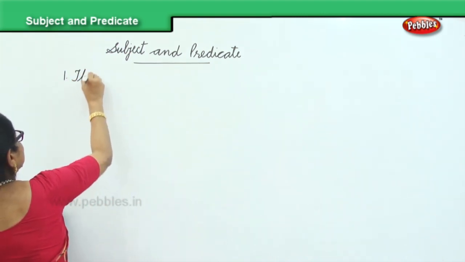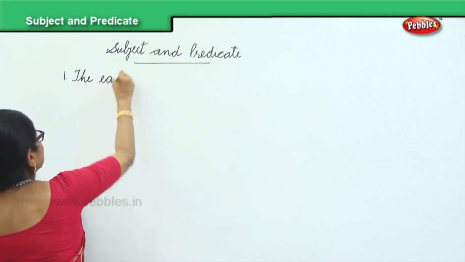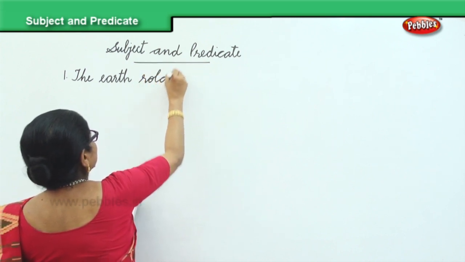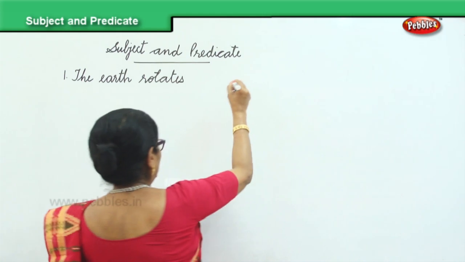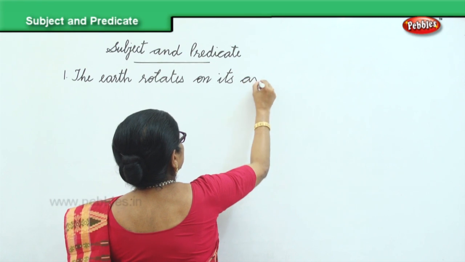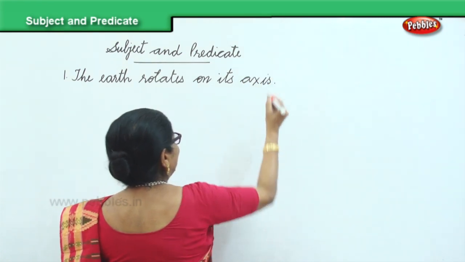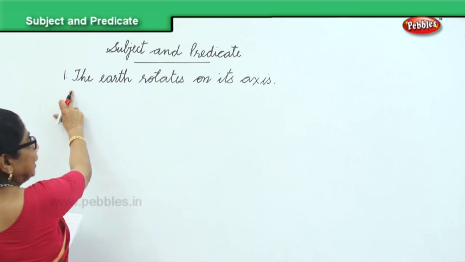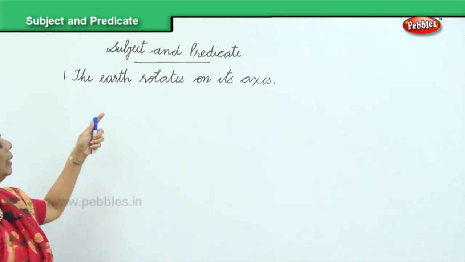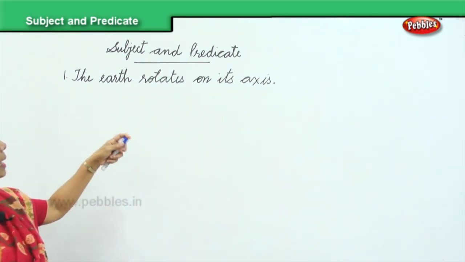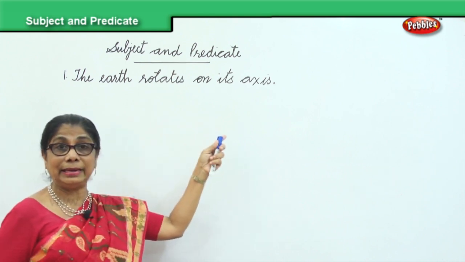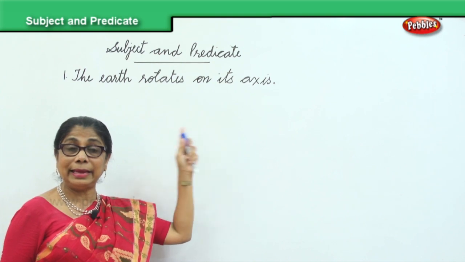The earth rotates on its axis. Now here we have a complete sentence, which begins with a capital letter and ends with a full stop.